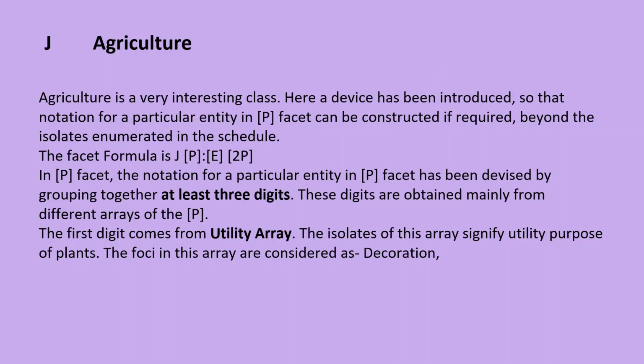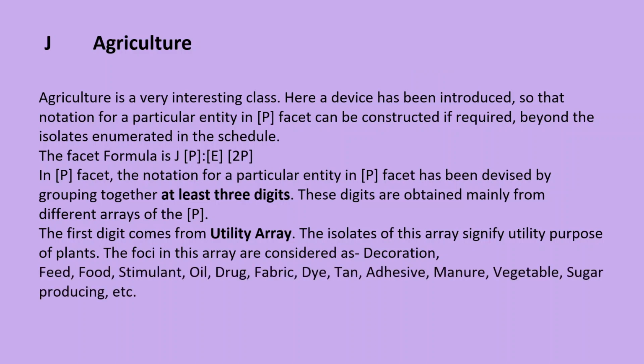The isolates of this array signify the utility purpose of plants. The foci in this array are decoration, feed, food, stimulant, oil, drug, fabric, dye, tan, adhesive, manure, vegetable, sugar.